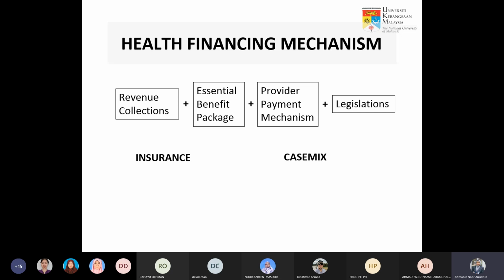Then remember there is the provider payment mechanism and also legislation, or the authority required in healthcare financing, which makes us need Casemix. So later I will discuss further about Casemix because it relates with revenue collection, the essential benefit package, the provider payment mechanism, and also the legislation.